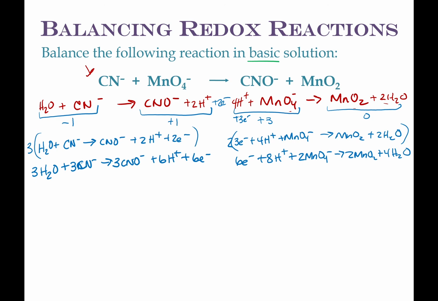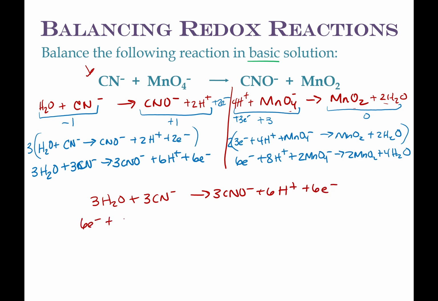We're going to add those together. And when we add those together, we have 3 H2O plus 3 CN- goes to 3 CNO- plus 6 H+ plus 6 electrons. Over here, 6 electrons plus 8 H+ plus 2 MnO4- goes to 2 MnO2 plus 4 H2O.